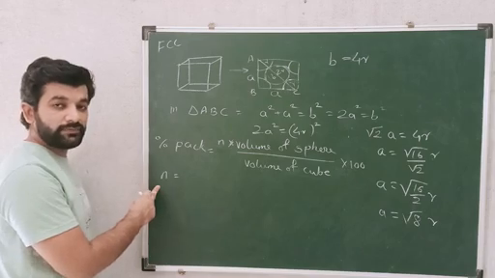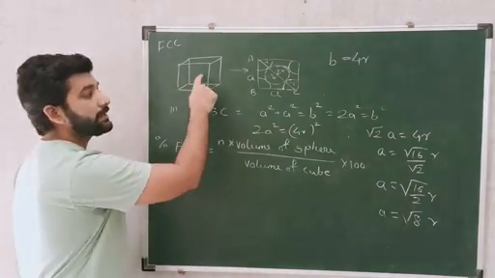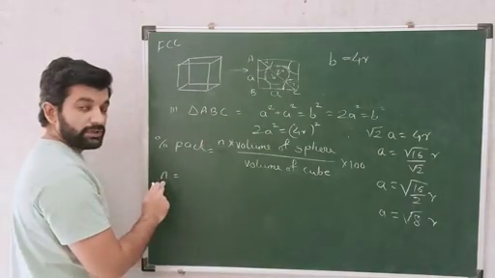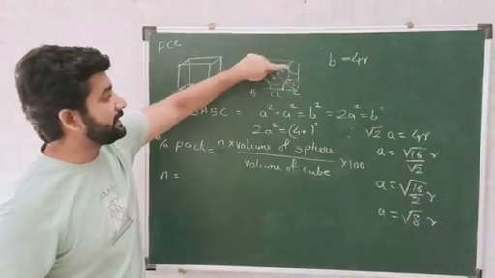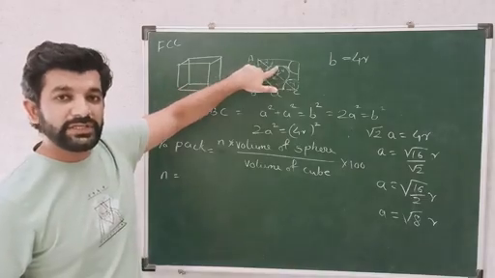Next task is to find the value of n, the total number of atoms present in that crystal unit. To find it, we know that half of an atom is present at each face of the cube.